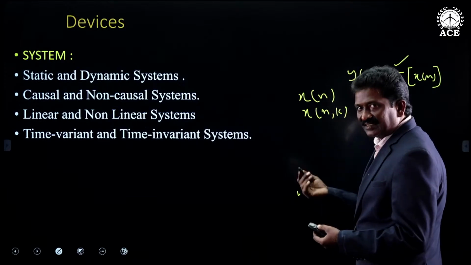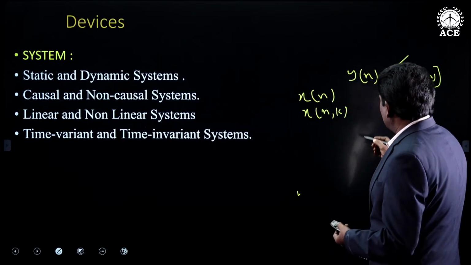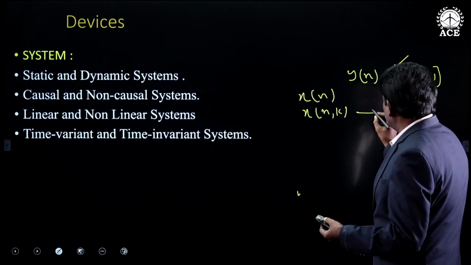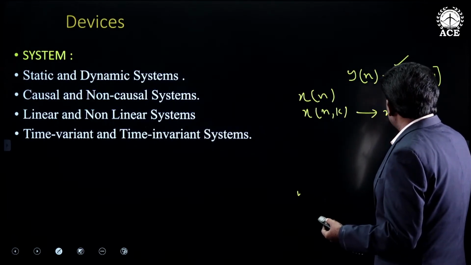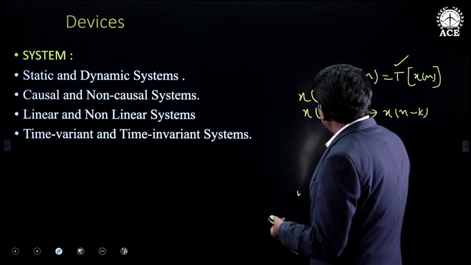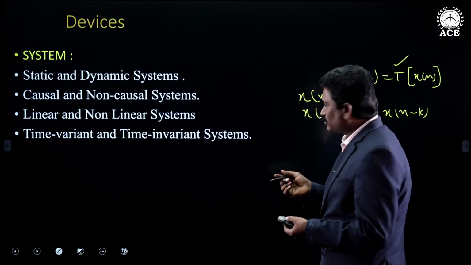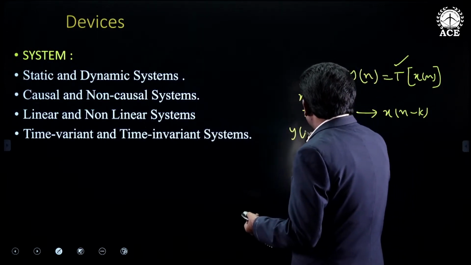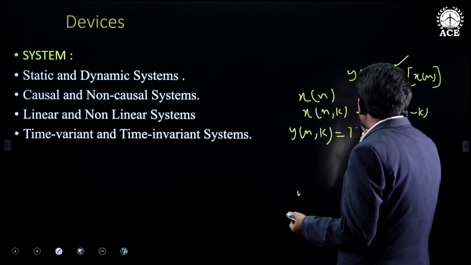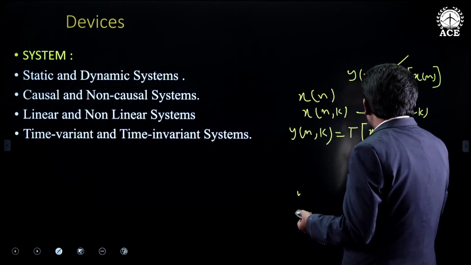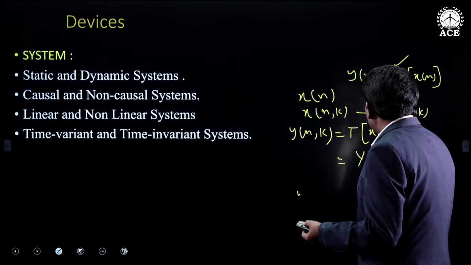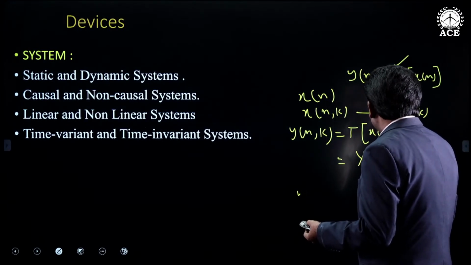In that case this will give the signal in the form of x of n minus k. Actually this is the delayed version of the signal. Now after making some transformation, this will generate some output y of n comma k equal to some transformation of x of n minus k. Now in this case this will give output as y of n minus k.